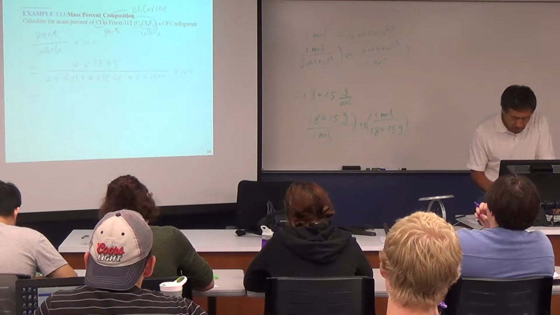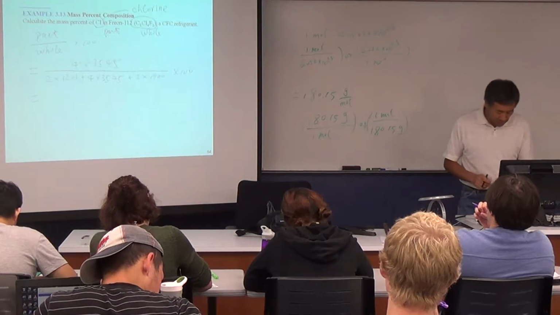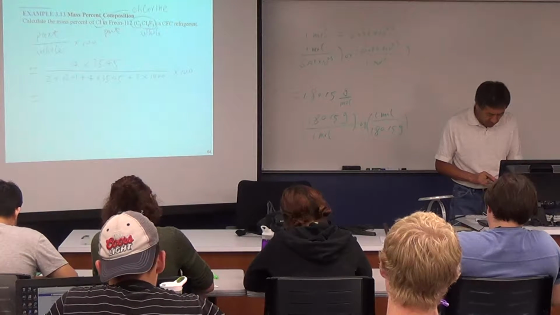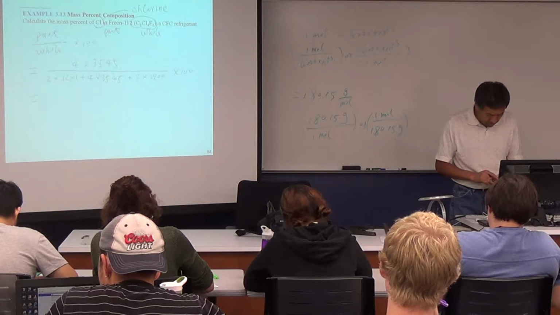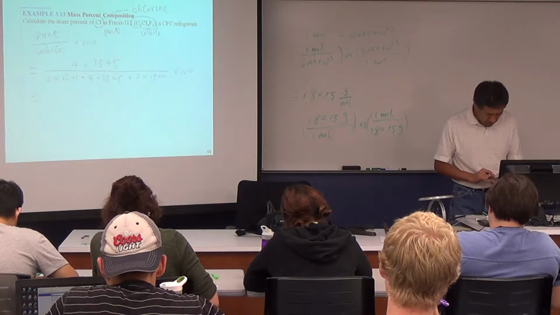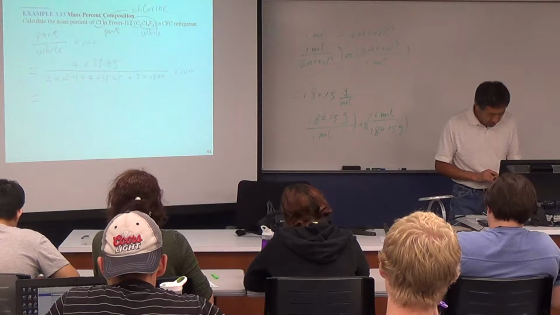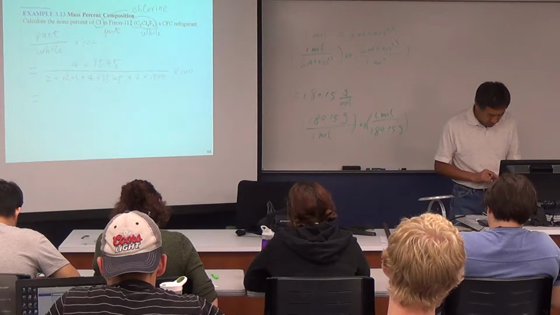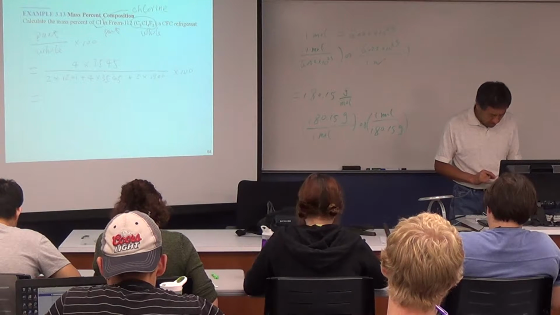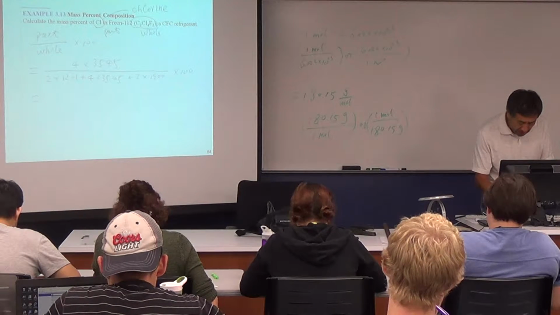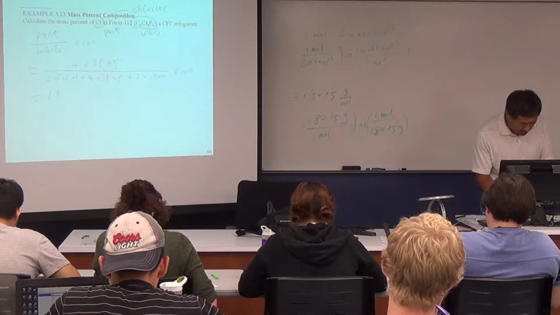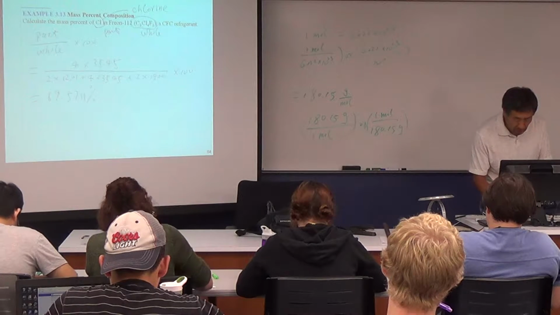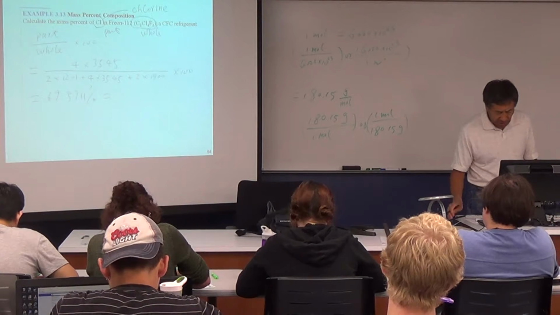You do the calculation, and don't forget to multiply by 100. So 4 times 35.45, divided by that, plus 2 times 12.01 plus 2 times 19. So you get 69.5711 and so on percent.